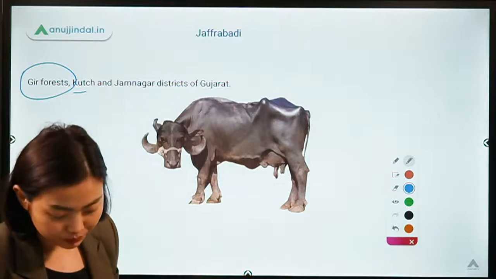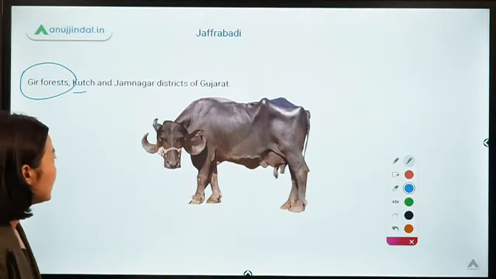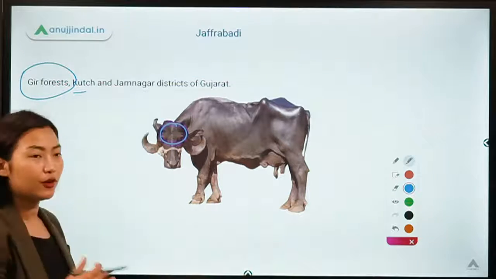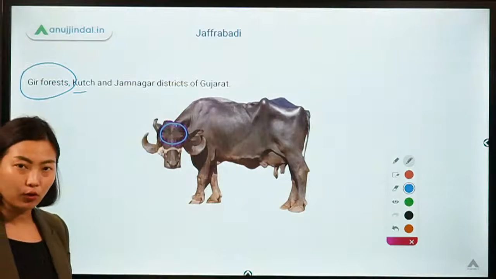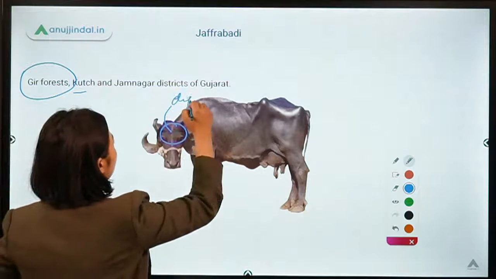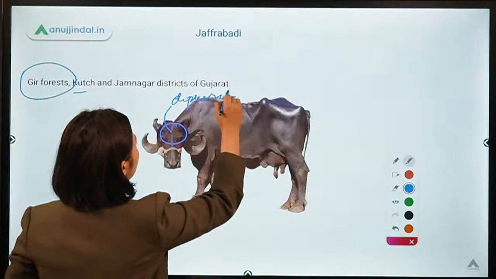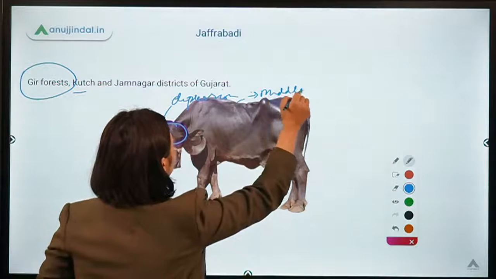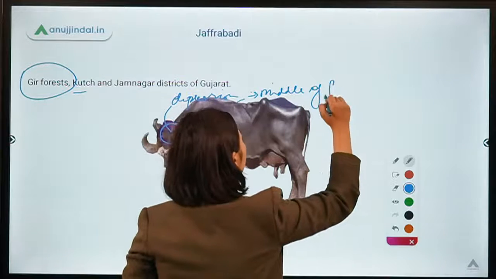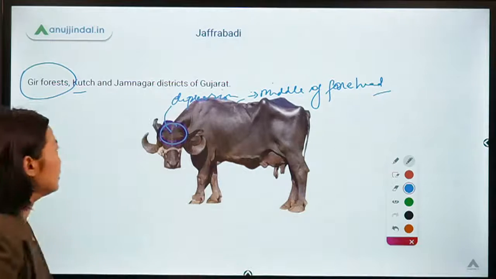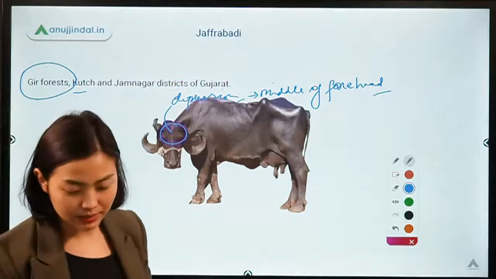Basically the forehead of this particular breed is very broad, and they have a depression in the middle of the forehead. So this is also a very interesting characteristic that they have.